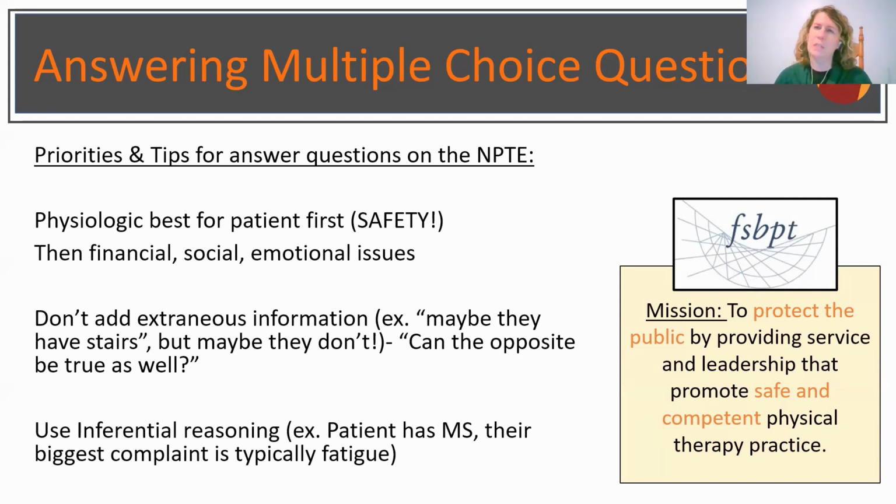Okay. Do you see the difference? Maybe they have steps at home. Maybe they don't. That's adding extraneous information. But when they tell you the person has MS and you know that their biggest concern is fatigue, you can make that leap that, oh, they probably have fatigue. I need to consider that. Okay, that's different. Okay. Hopefully I'm making sense there.